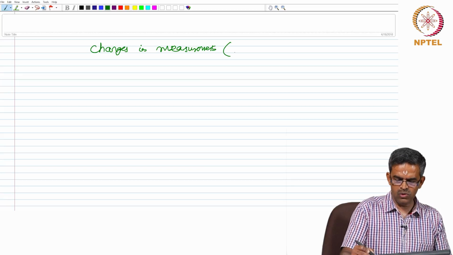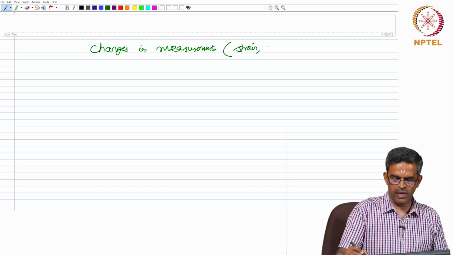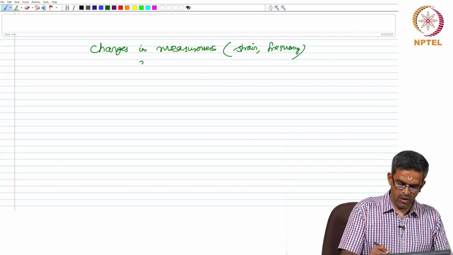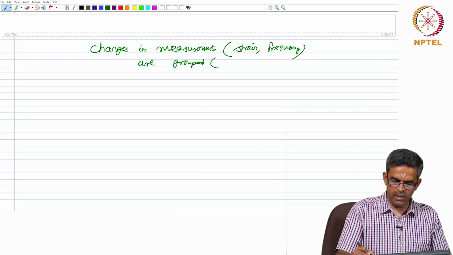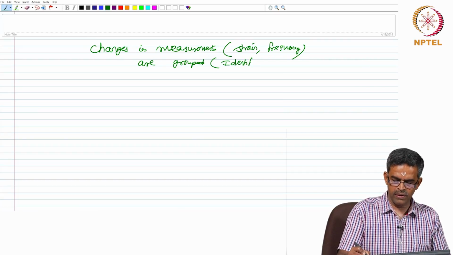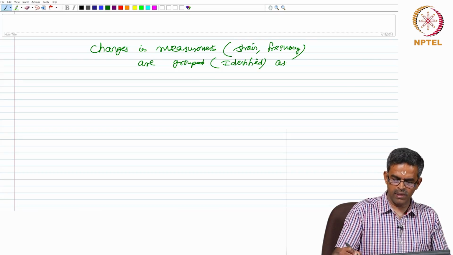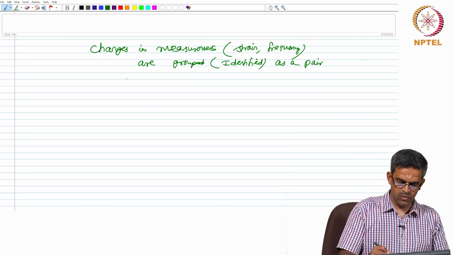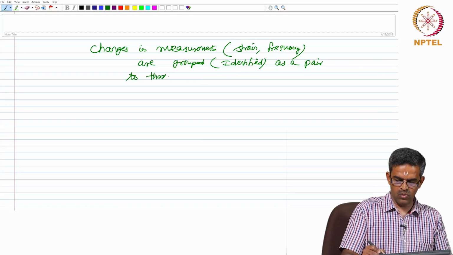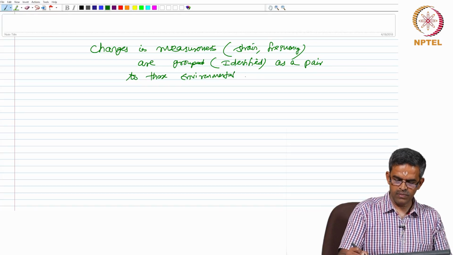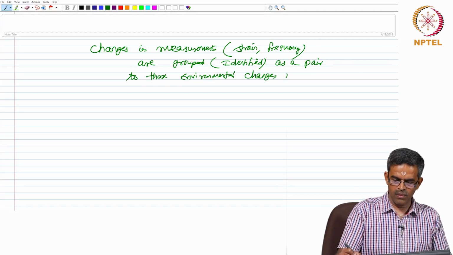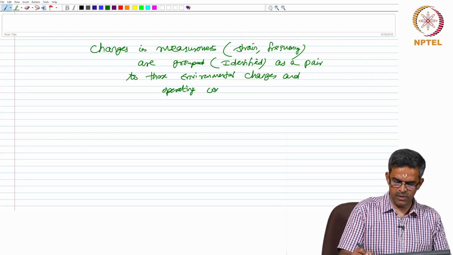What are the measurements used? For example, strain, frequency, etc. are grouped, that is, identified as a pair to those environmental changes and operating conditions.